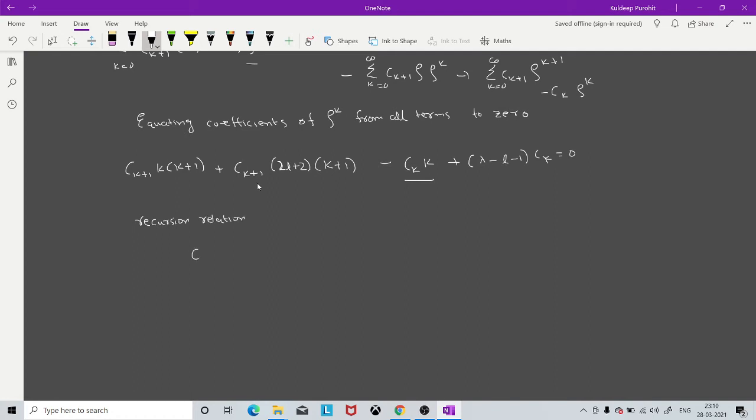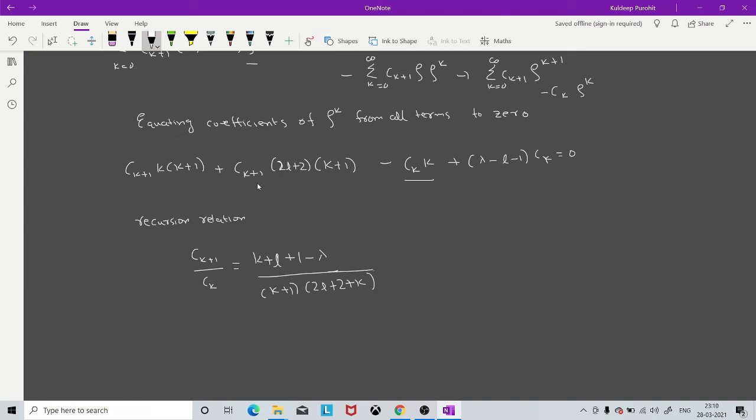So the recursion relation will be C of k plus 1 by Ck is equal to (k plus 1 plus k plus L plus 1 minus lambda) divided by (k plus 1)(2L plus 2 plus k).